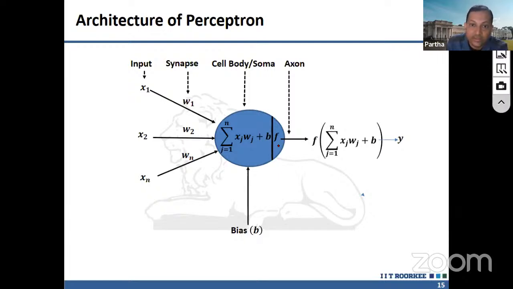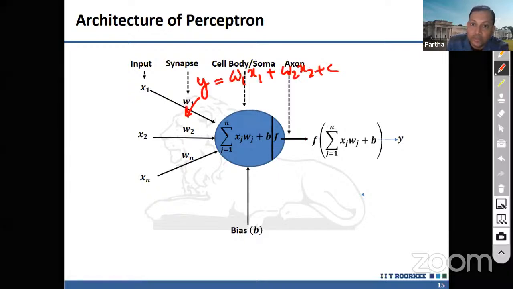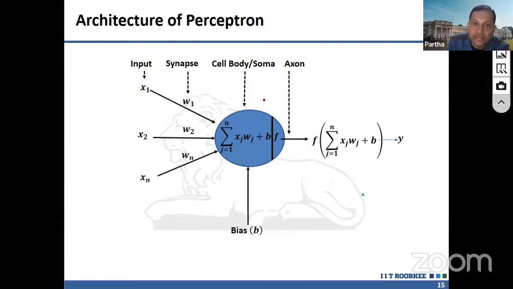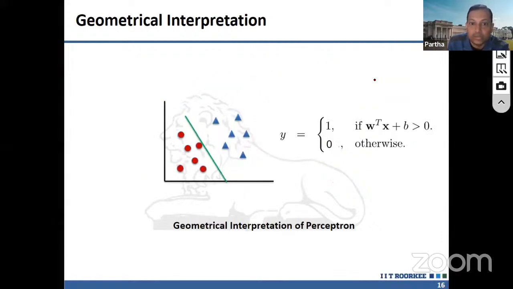The function takes the data as the summation of w1x1 and so on plus b, and then uses a step function to see whether it is positive or negative, that is, greater than or equal to 0 or less than 0. So it is a step function saying whether it is category A or B. That's the similarity of this neuron to a biological neuron.